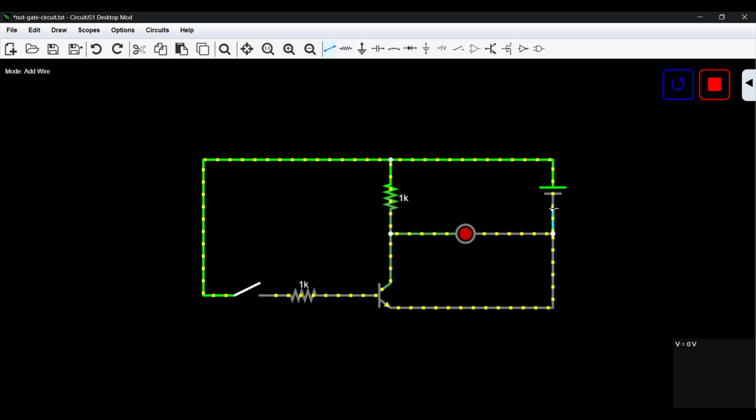Since a circuit has to be complete, but this terminates over here, it has no choice but to use this path. And by using this path, it goes through the LED, and the LED uses that electrical current to produce light. And that's how we have the LED lighting up. And essentially that's the NOT gate.